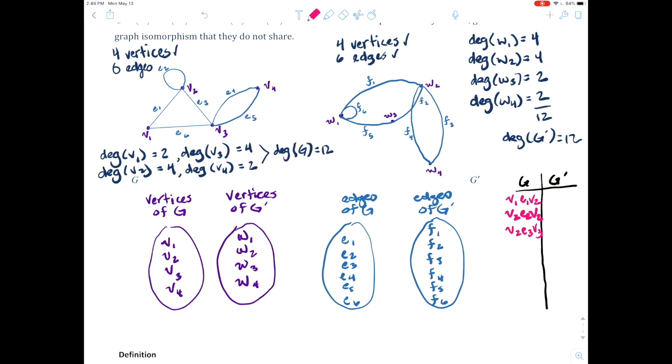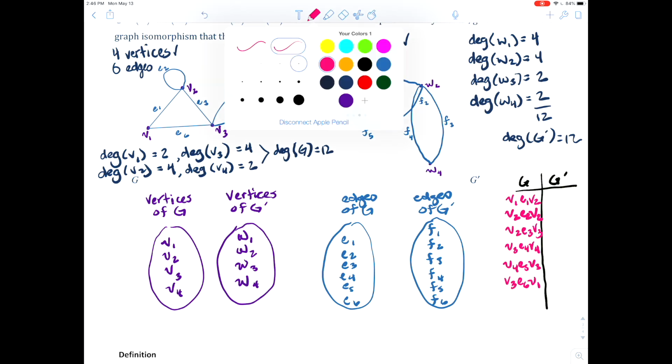We have V3, E4, V4, and these are all in G. We have V4, E5, V3, and then we have V3, E6, V1. Sorry about the dog. And I think we're done. All right. That makes 1, 2, 3, 4, 5, 6 edge things. All right. So now in G prime, what do we have going on?